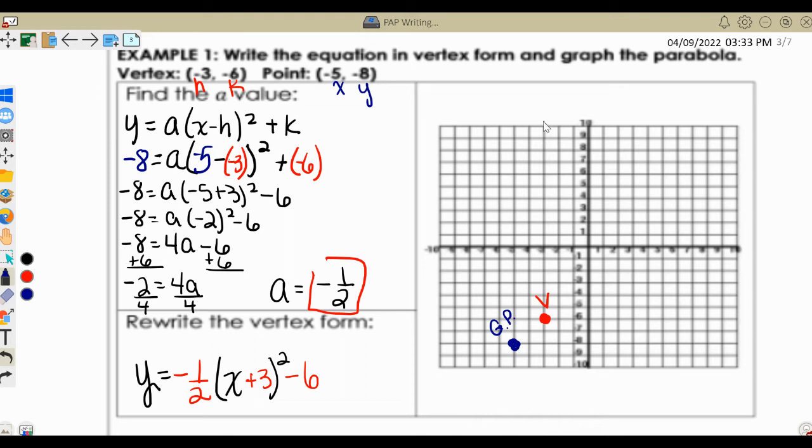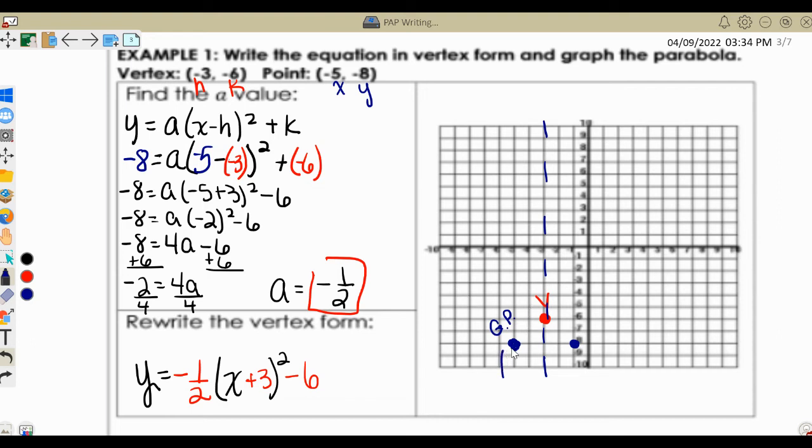And thanks to the brilliance and magic of the axis of symmetry, we can use the property of axis of symmetry to be able to find another point across the axis of symmetry. So this -5, -8 is going to be mirrored over here at -1, -8. Then we're not going to have enough space to put any more points on there. So we're going to go ahead and connect these.